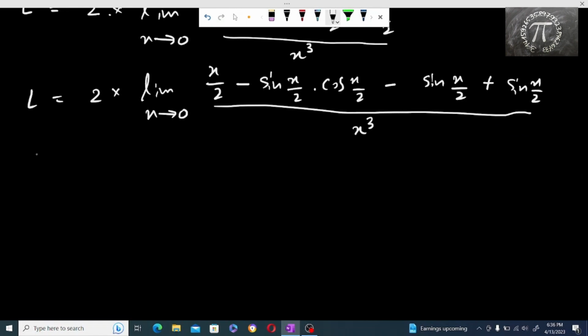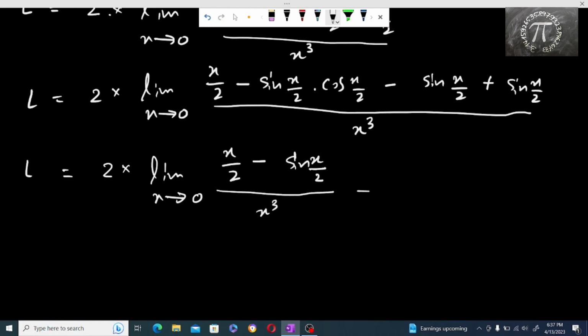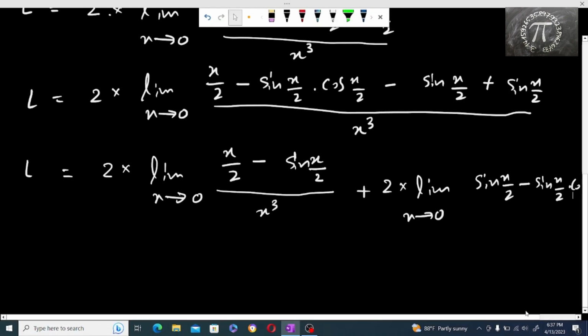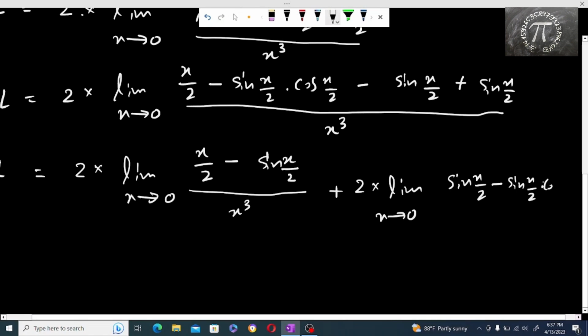Now I'm going to change the limit a little bit, separating it: L equals 2 into the limit as x goes to 0 of (x/2 minus sin(x/2)) divided by x to the power 3, plus 2 into the limit of (sin(x/2) minus sin(x/2) cos(x/2)), again divided by x to the power 3.